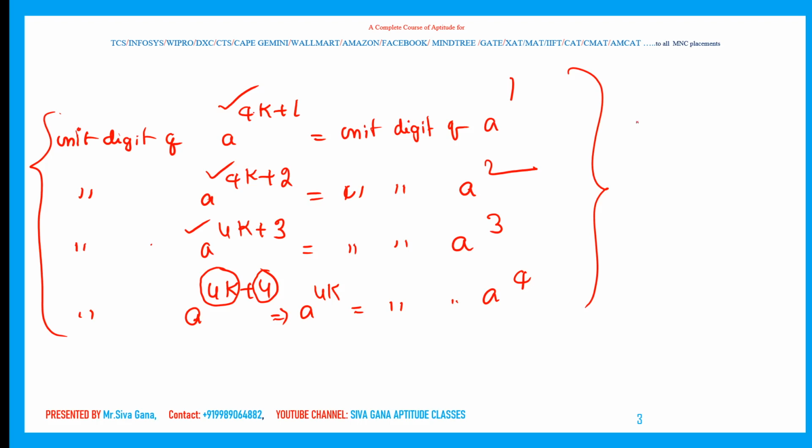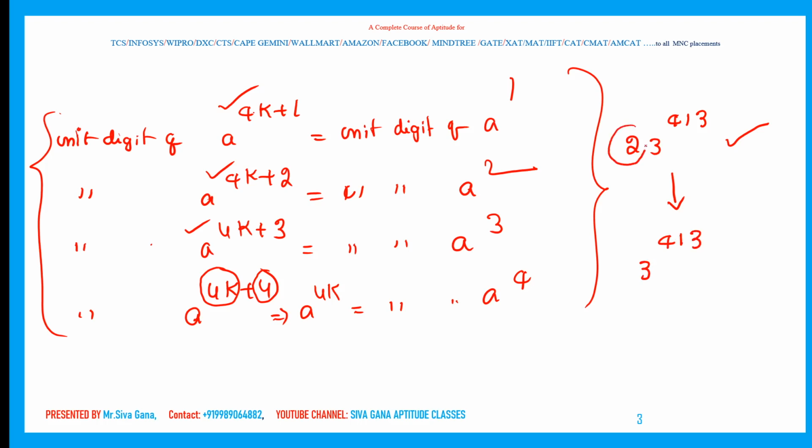Now, just see the example. 23 power 413. For this we need the unit digit. Based on the explanation so far, its unit digit is the same as the unit digit of 3 power 413.